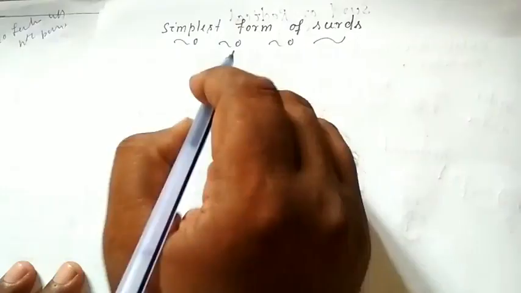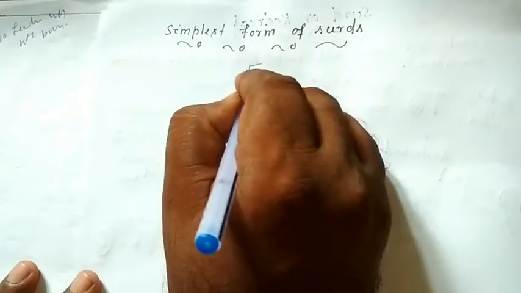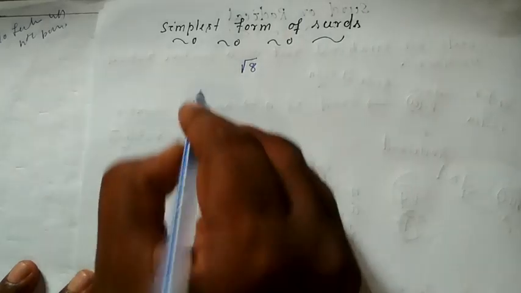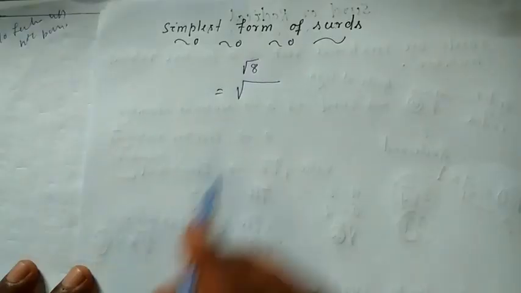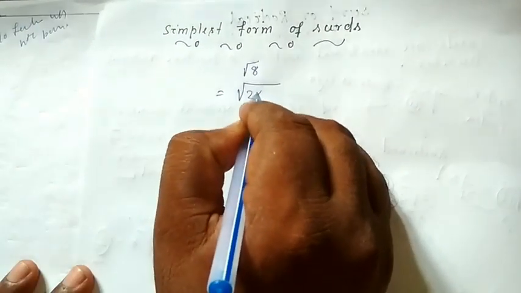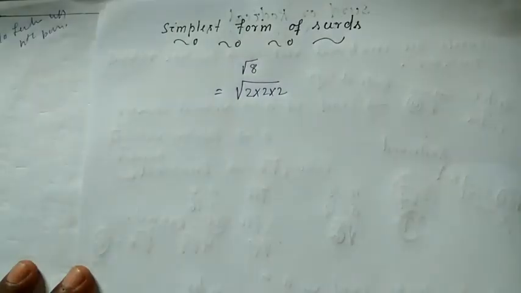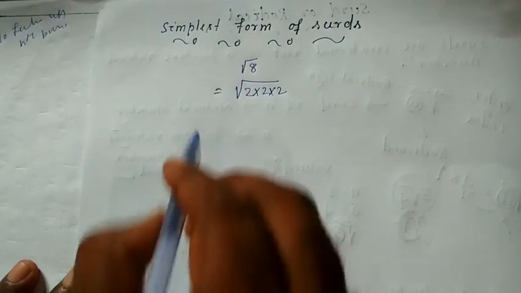Now students, I'll explain the simplest form of a surd. What is the simplest form of a surd? Consider one example, square root of 8. Is square root of 8 the simplest form of a surd? Let's see. 8 I can write as 2 into 2 into 2, the product of its primes.